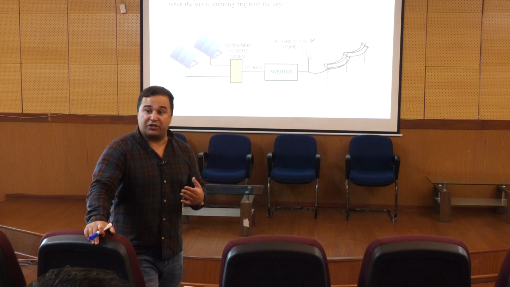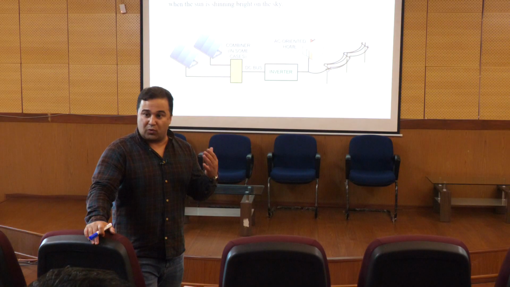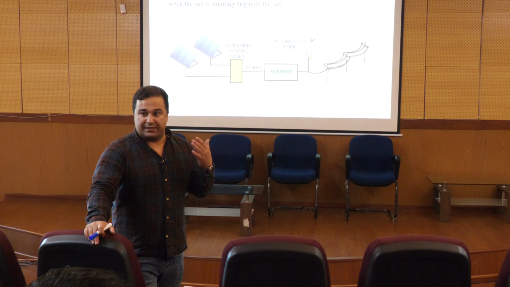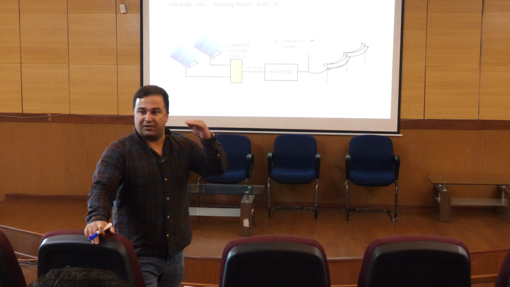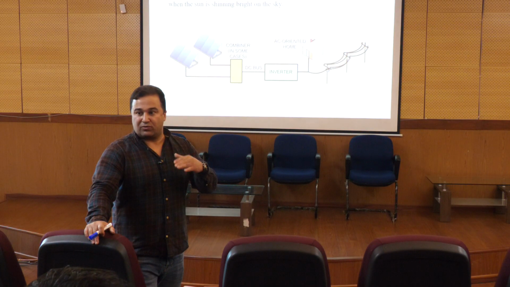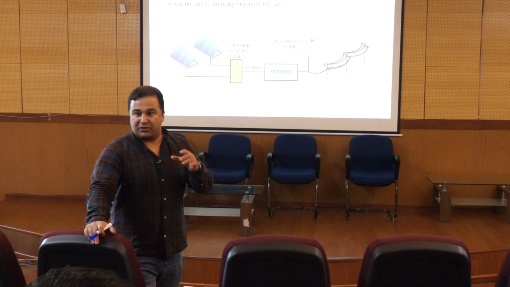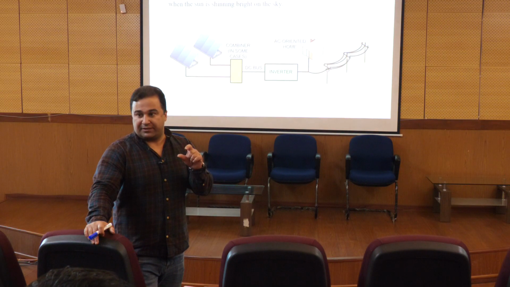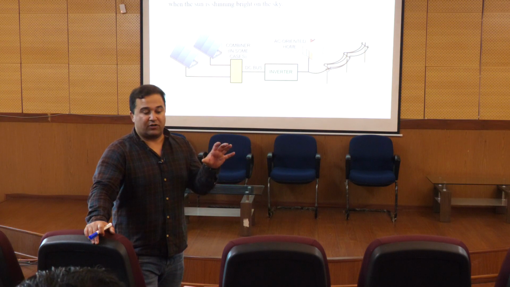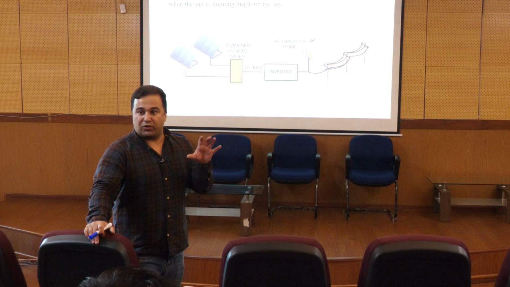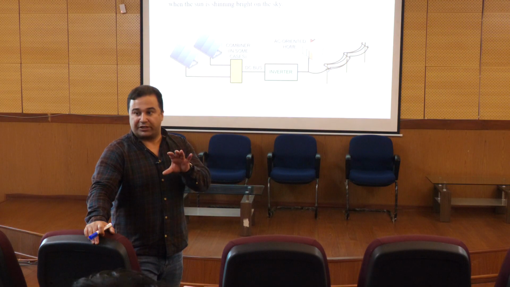So this is why, if you are going to work independent from the grid, you need another level of control, a second control level, which controls the output voltage of the converter. It creates the reference for the output voltage, and this converter now works like a voltage source.